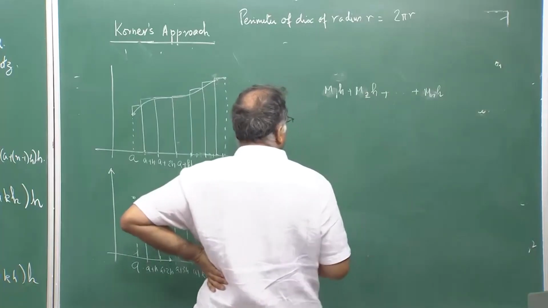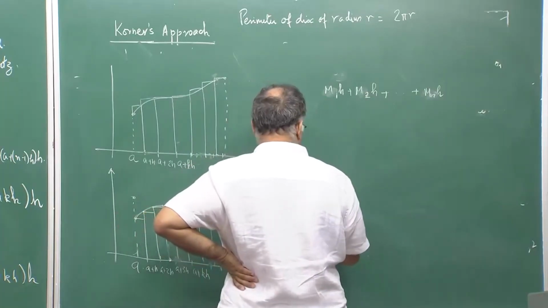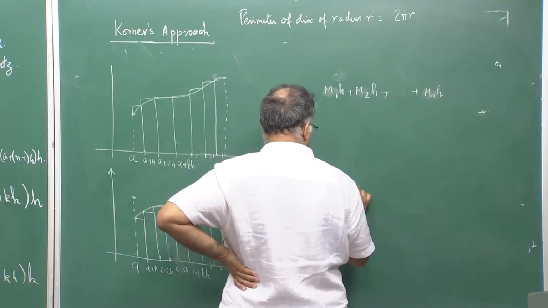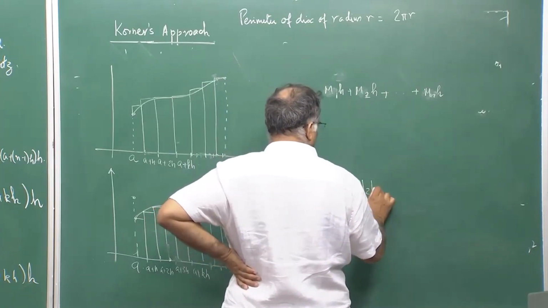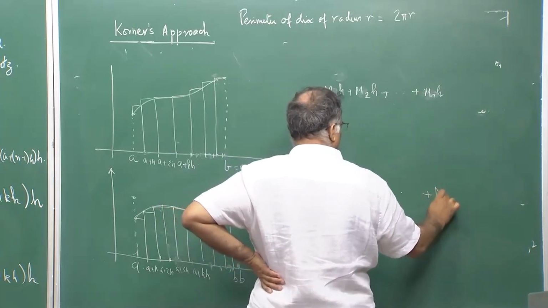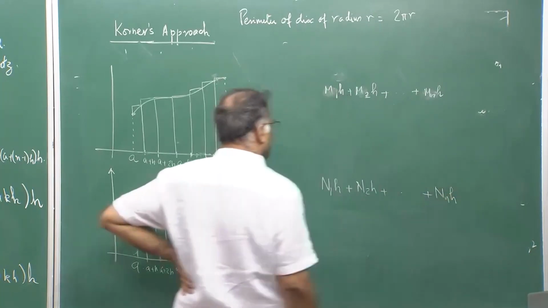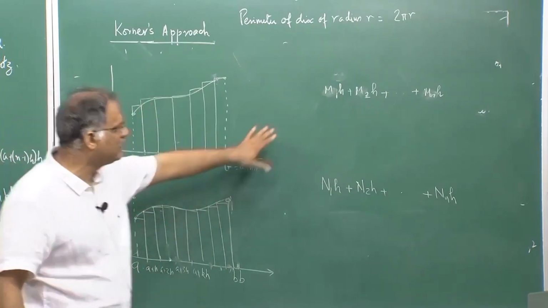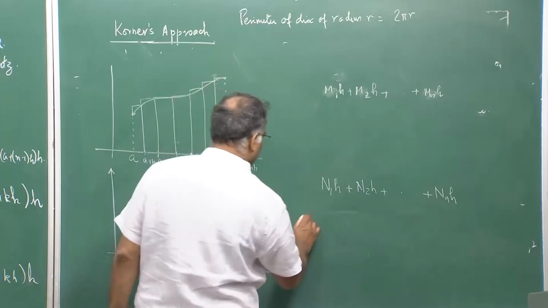The smaller one, m, is the lower bound, so it's m1 h plus m2 h plus mn h. That is what you have, and the actual area of the integral is lying between this value and this value.